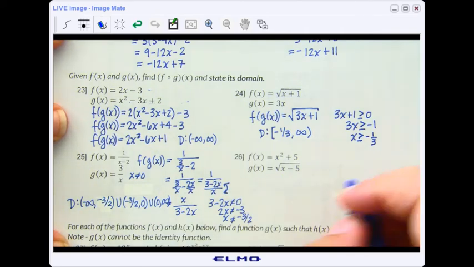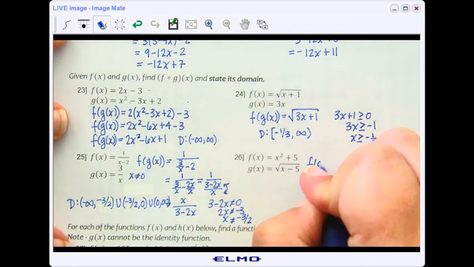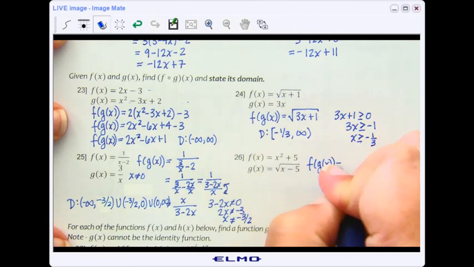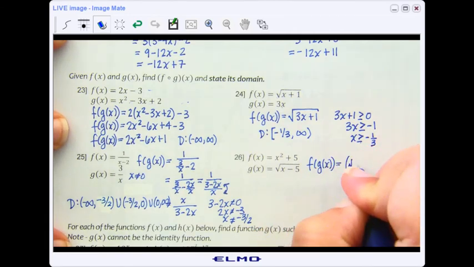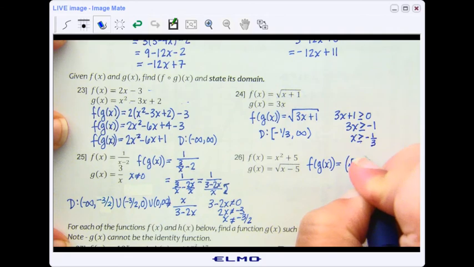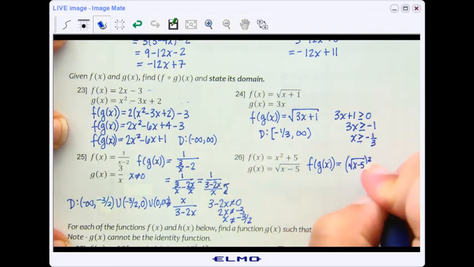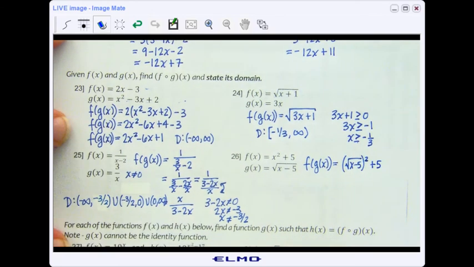And number 26, when we find f of g of x, we have the square root of x minus 5 squared plus 5. When you square a square root, the square root goes away, and I have x minus 5 plus 5. And this reduces to x.